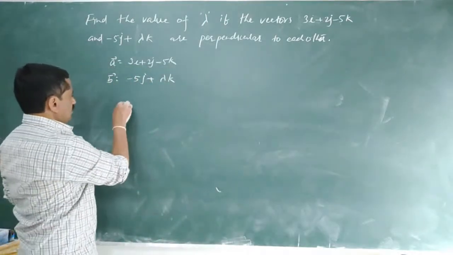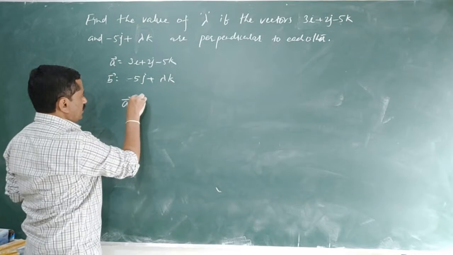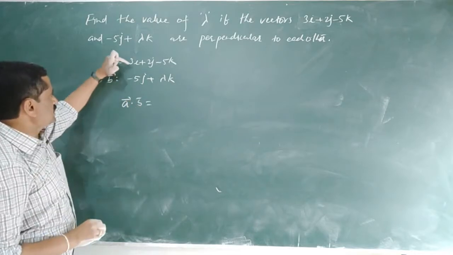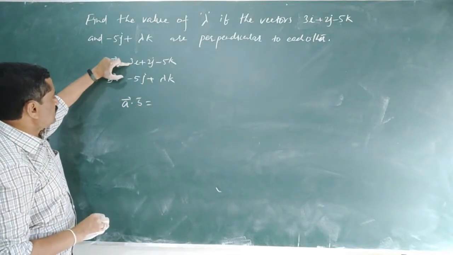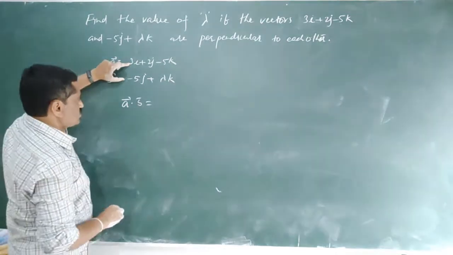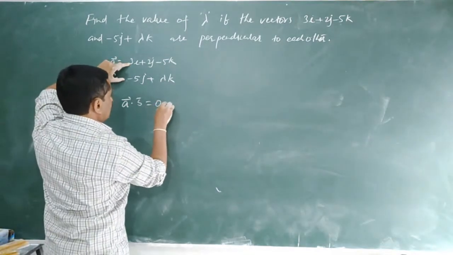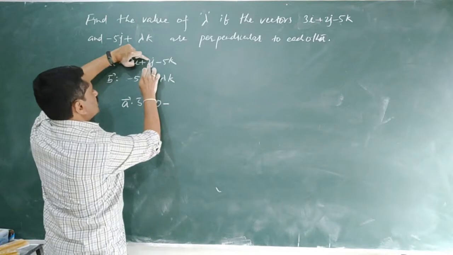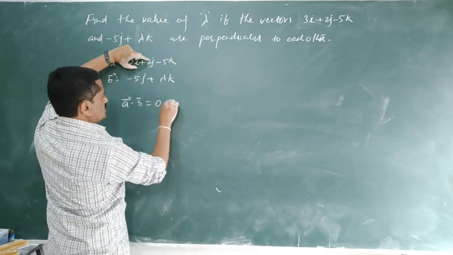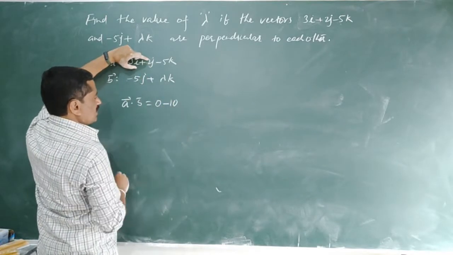Therefore first find a bar dot b bar, that is equal to 3 into 0, we have 0. Again plus 2 into minus 5, that is minus 10.